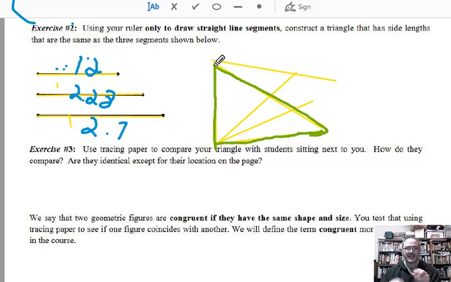And then on the other side, I take a measurement of 2.7 and lay my compass right on this point, and do an arc mark at the other end. And where the two arc marks meet, that's where I know the sides of my triangle have to be. If I had a digital compass to show you, I could do that.